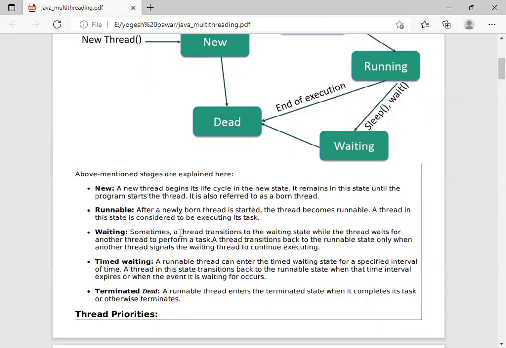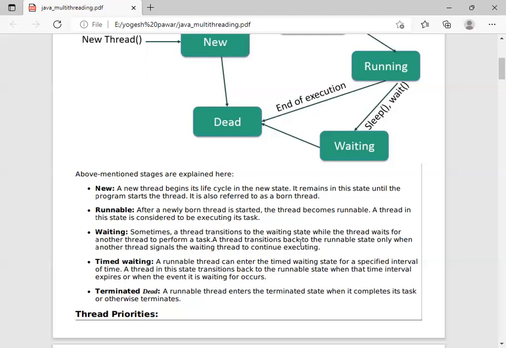Okay, so waiting: sometimes a thread transitions to the waiting state while the thread waits for another thread to perform a task. A thread transitions back to the runnable state only when another thread signals the waiting thread to continue executing. It means that the thread enters into the waiting state when another thread is trying to execute a particular program or process.